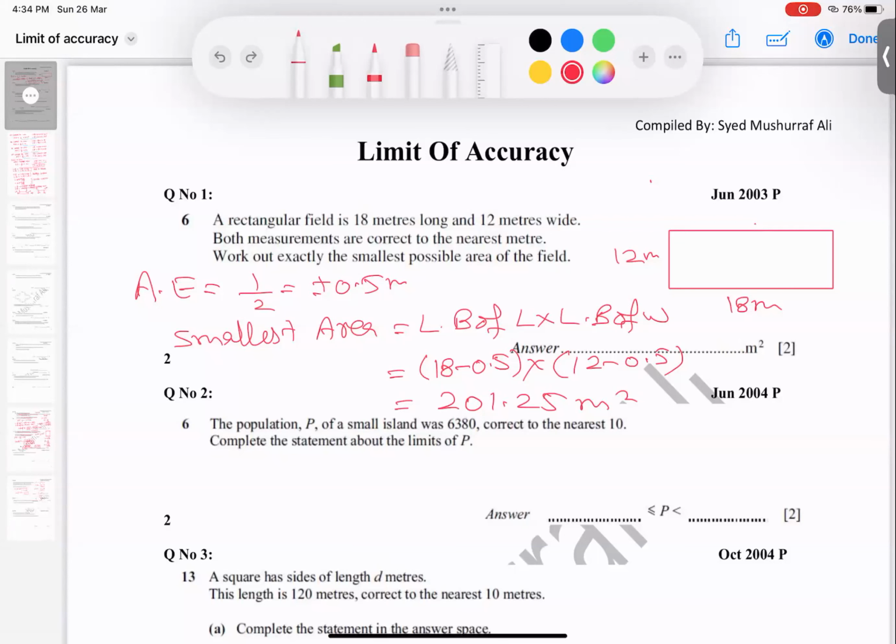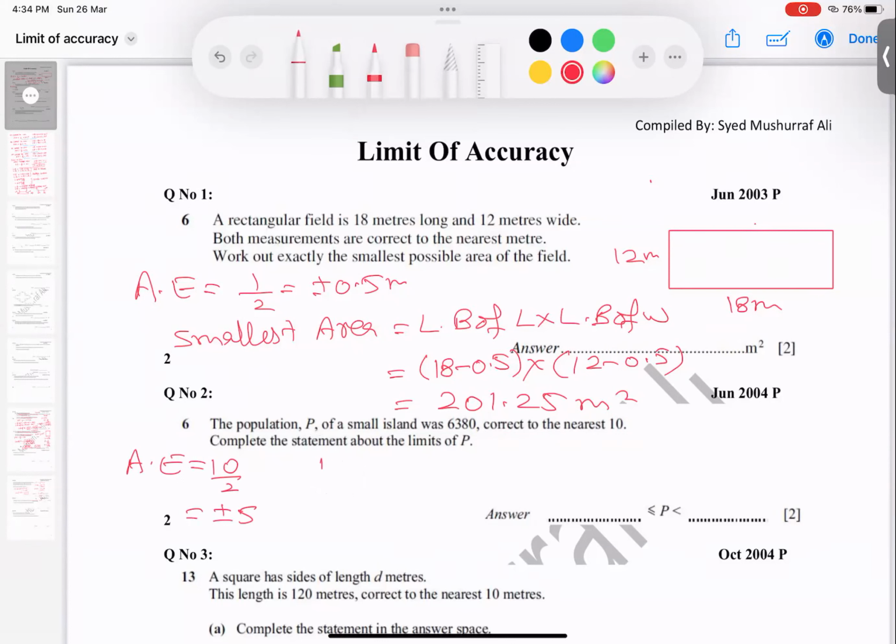Yes, I hope, students, you've done it. Now I'm going to do this question. Correct to the nearest 10. We don't know if it's millions or whatever, but it's the nearest 10. So for the absolute error, I'm writing it here. All of you know 10 divided by 2, I get plus and minus 5. And how to get the upper bound?